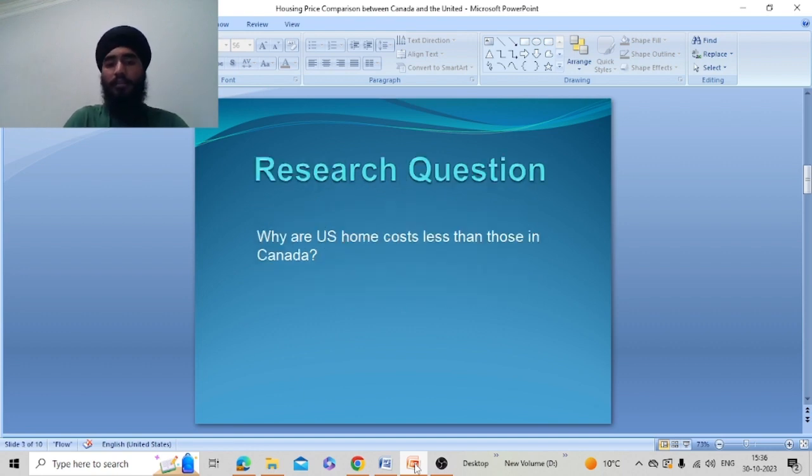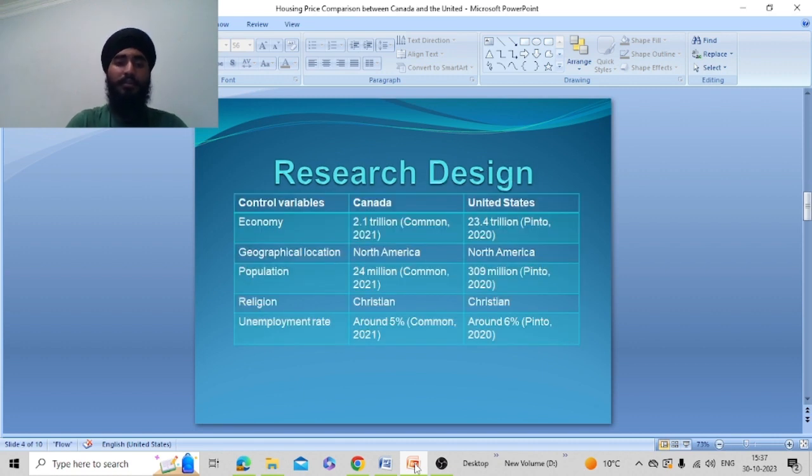The research question related to this topic is: why are US home costs less than those in Canada? There are some research designs, like controlled variables such as economy, geographical location, population, religion, and unemployment.